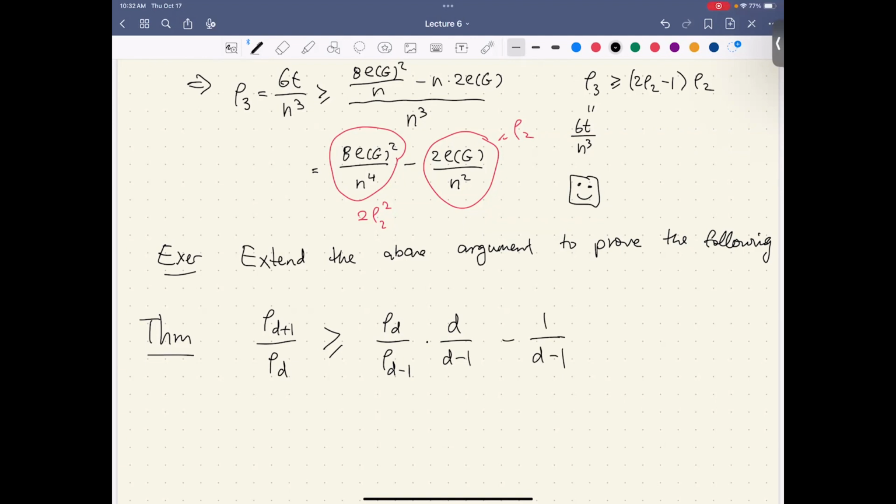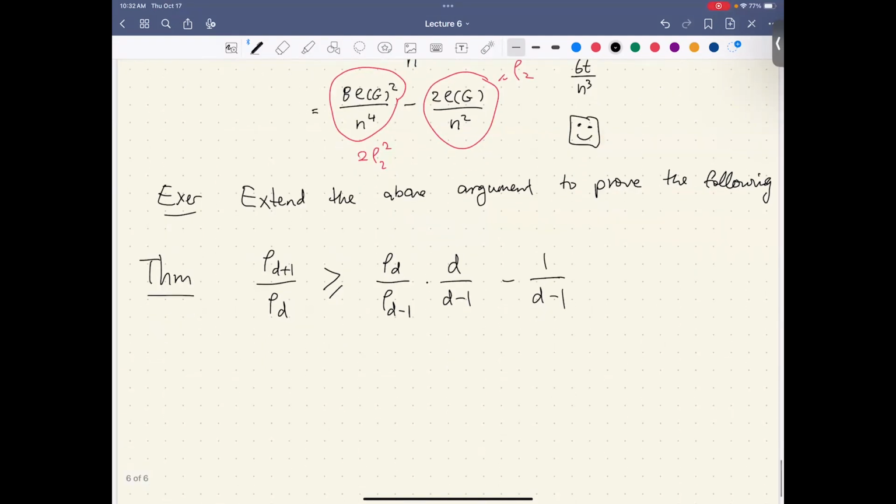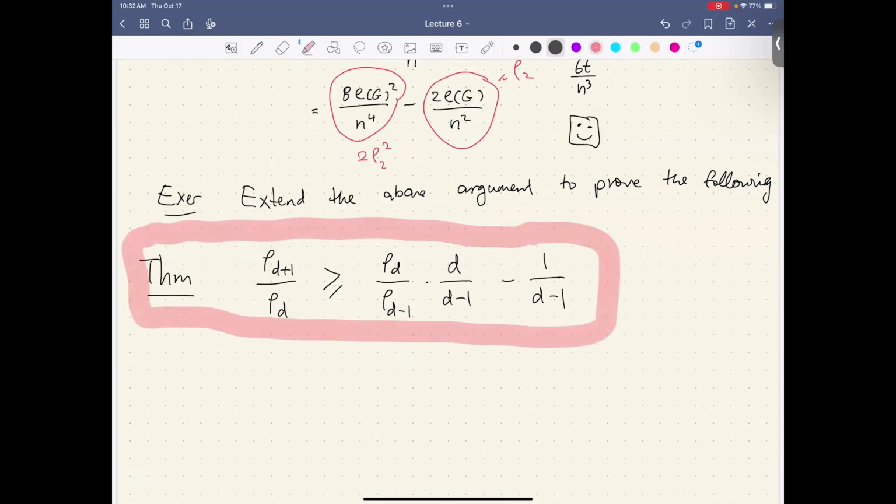Okay? This is the exercise. From here, you can derive, if you let d equal to 2, that's Goodman's bound, right? Remark, d equals 2, you can check this, what we just proved, Goodman's bound.